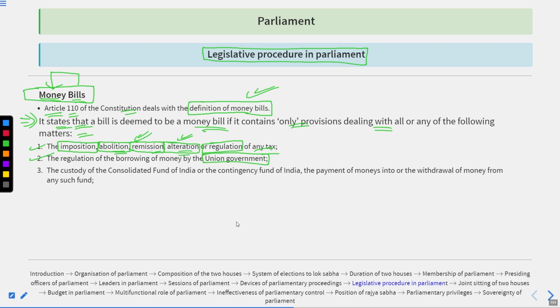The government will publish a paper like this, and they will say that this is our security of rupees 10 crores. If anyone wants to purchase it, they are required to give rupees 10 crores to the government for a definite time period. Like we can say rupees 10 crores for 10 years. Okay. So if you purchase this security, then you have to pay 10 crores to the government till the completion of 10 years.